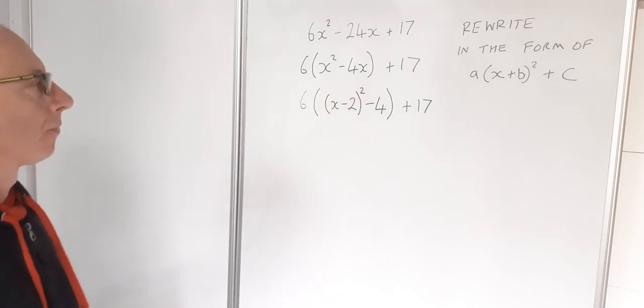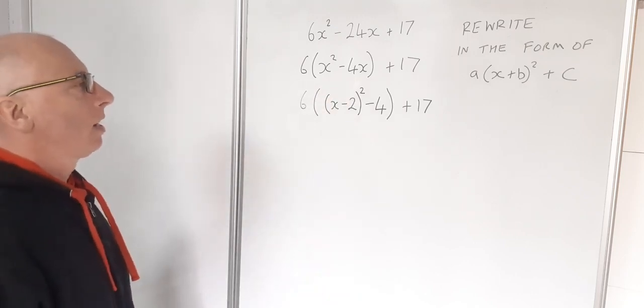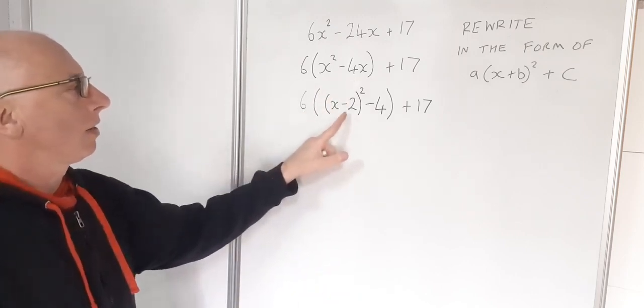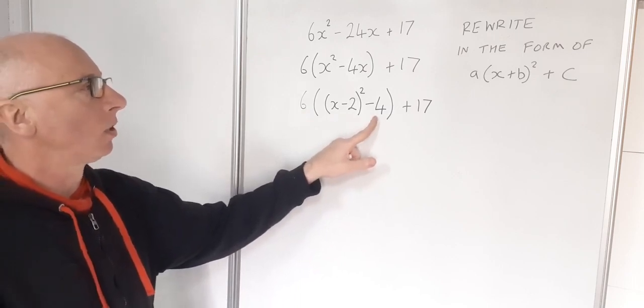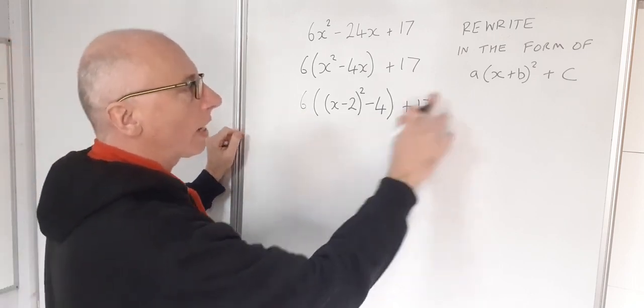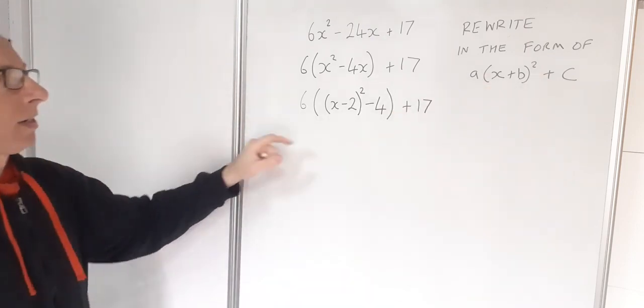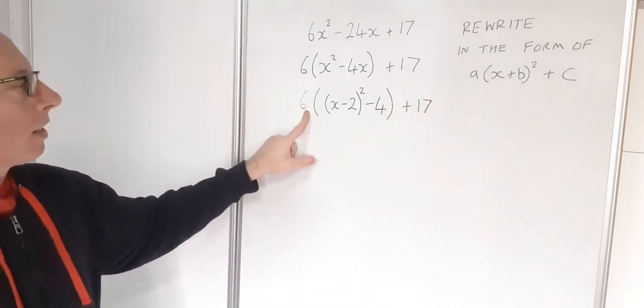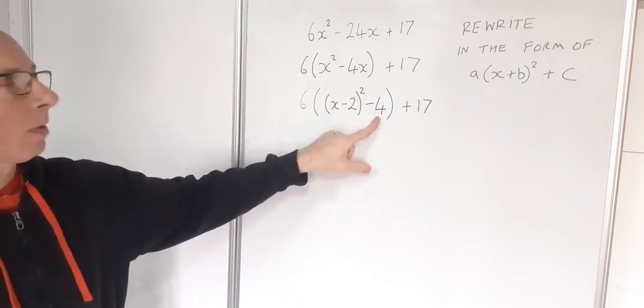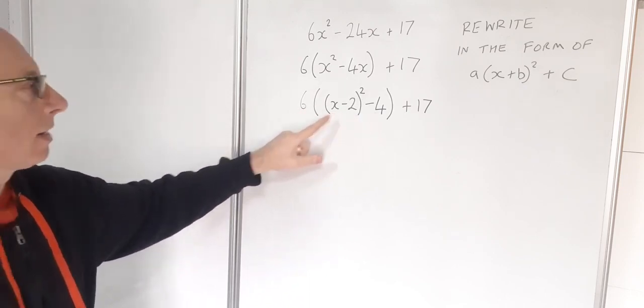Okay, so now I've got this 6, this term here, and a −4. Now the −4, that's not invited into this. I've got a +c on the outside. So let's take this 6 and multiply it by this −4 and leave this term here as it is.